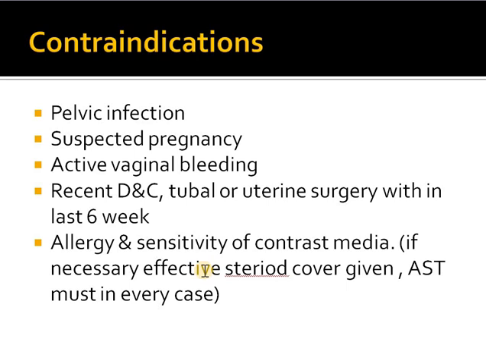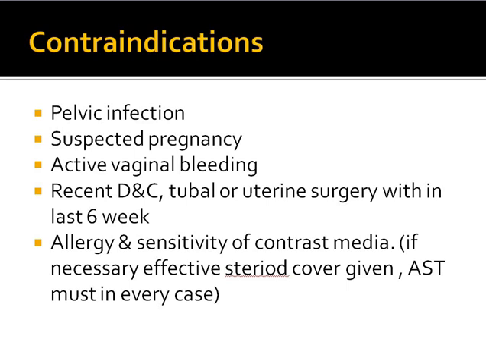So to avoid accelerating the infection, we won't opt for this procedure. Next is in cases of suspected pregnancy. If there is any chance that pregnancy might be there, then we won't opt for HSG, as it may induce abortion. So to safeguard the pregnancy, we do not do the HSG.